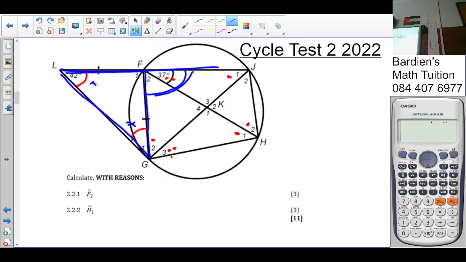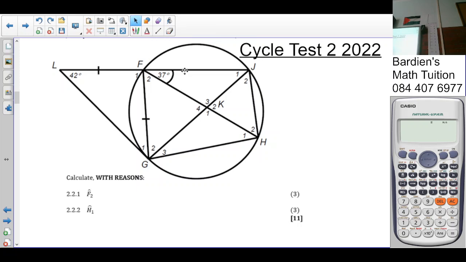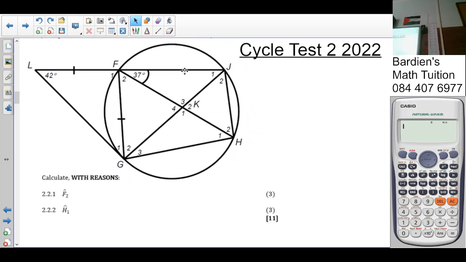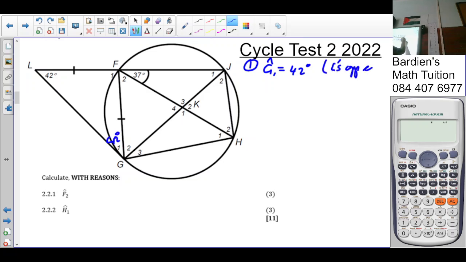So where do I start? I start off by saying that G1 is equal to 42 degrees. Why is that 42 degrees? Angles opposite equal sides. Now what?